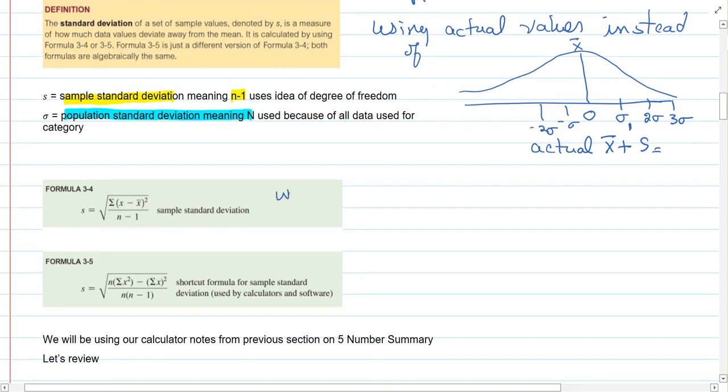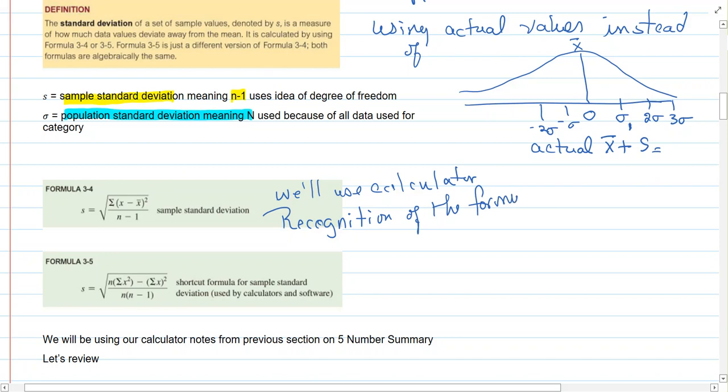And we'll use a calculator. But what I teach you is recognition, because it describes what it wants.